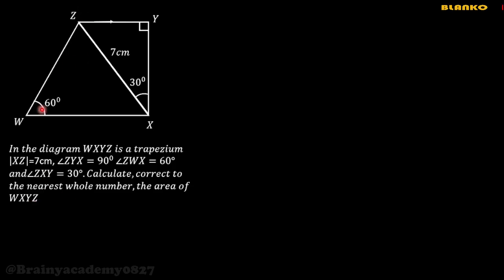So that is the diagram, okay? This is a trapezium with the points W, X, Y, Z. Angle ZYX is 90 degrees, angle ZWX is 60 degrees, and angle ZXY is also 30 degrees.